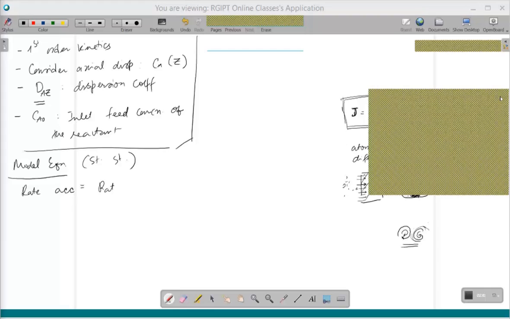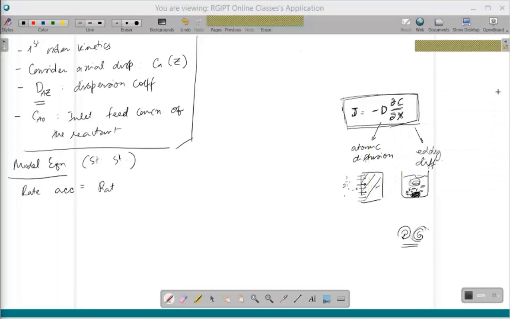Well, I was going to write this anyway, plus rate of generation. As I said, I will write it every time we have to use it so that it's kind of etched into your mind. And that would be given by minus del by del Z of the flux. And for the rate, I have just assumed a first order, so minus K C_A.